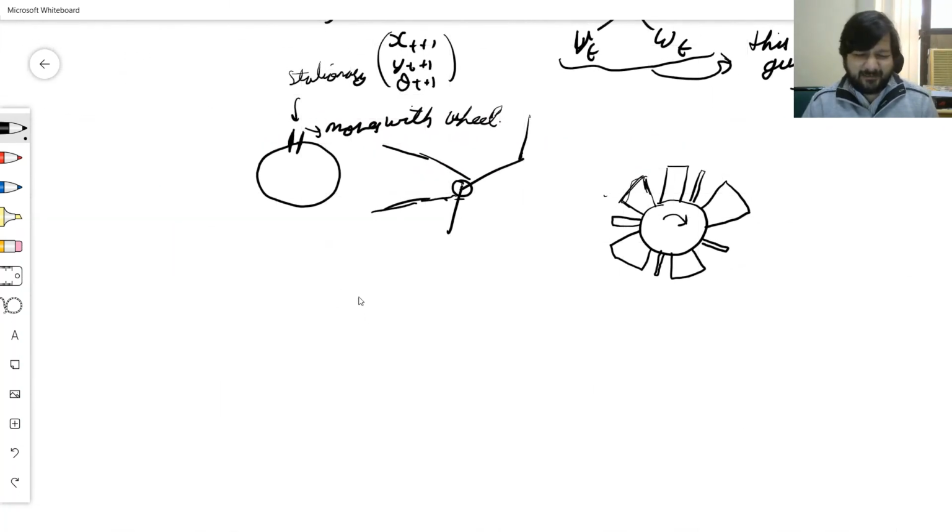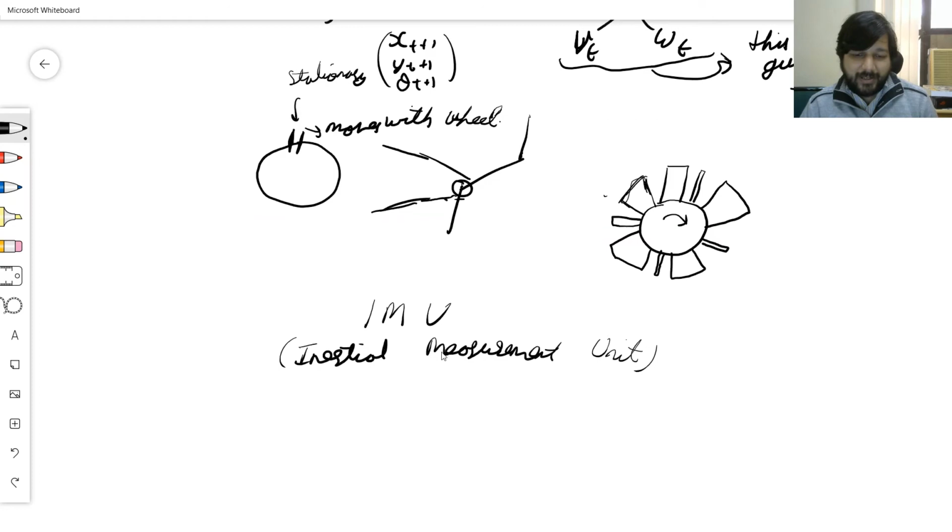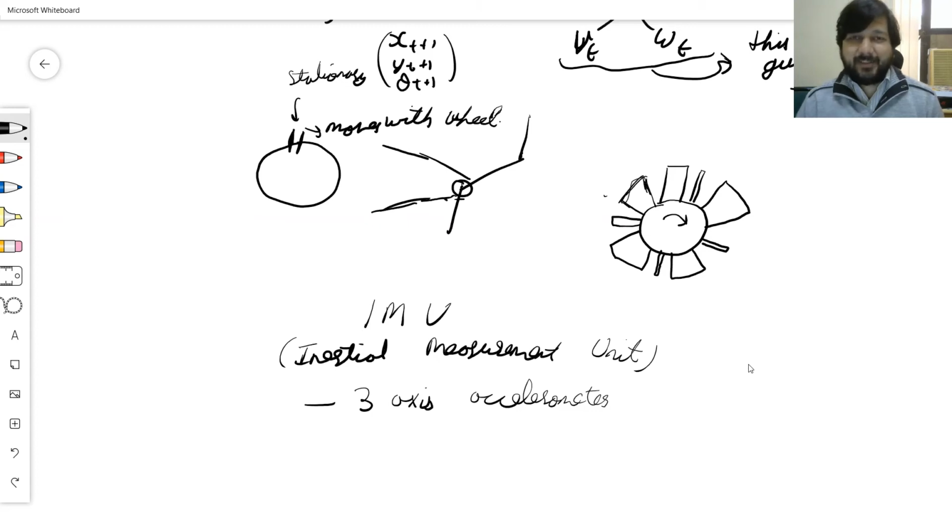There's another sensor which does exactly the same thing, that's called the IMU, or the inertial measurement unit. Now it has three sensors inside it. It has a 3-axis accelerometer. So I know the acceleration across all the 3 axes, and the double integral of acceleration is actually the position.